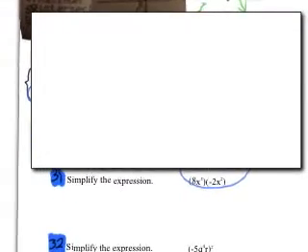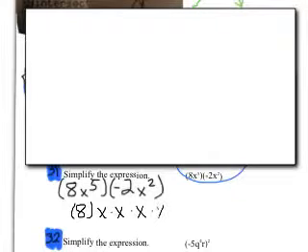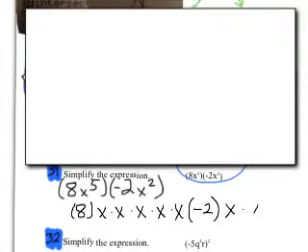We can factor out the 8. Say there's 8 times x times x times x times x times x, 1, 2, 3, 4, 5, and that is times negative 2, and that's times x times x.